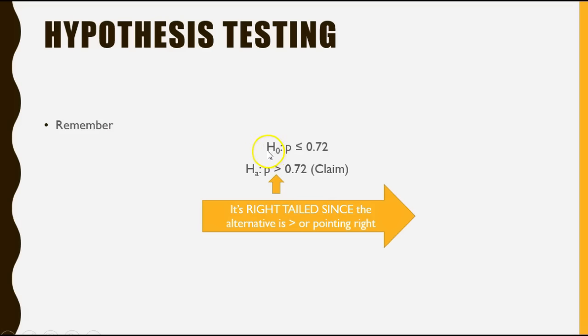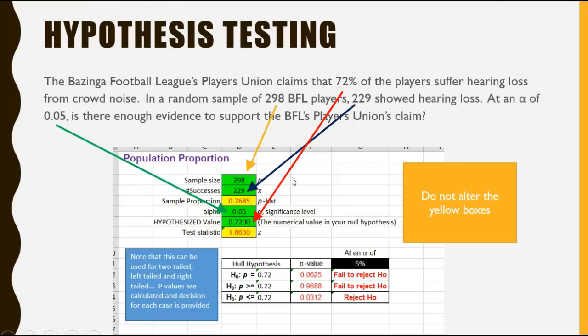The claim is that more than 72. It's a right-tailed test, since the alternative, P, is greater than 0.72, so it's pointing to the right. So I put in the 0.72. Greater than 0.72 is my alternative. My null would be that it's less than or equal to 0.72.